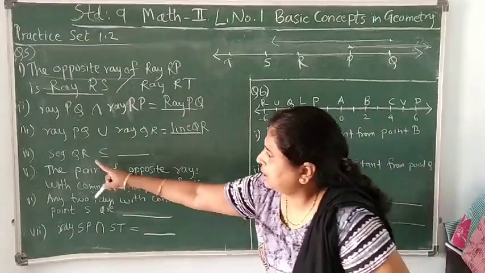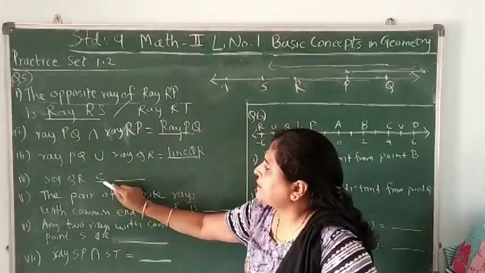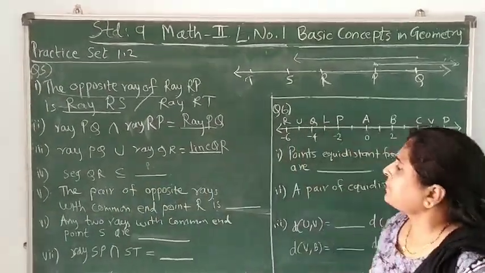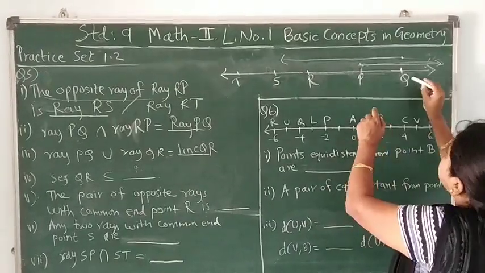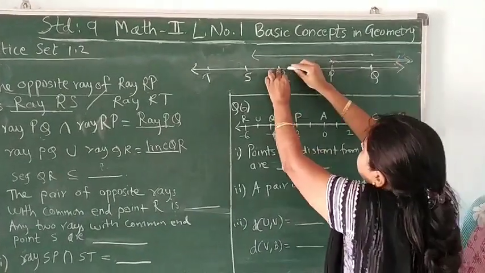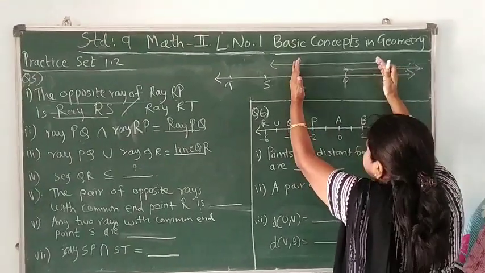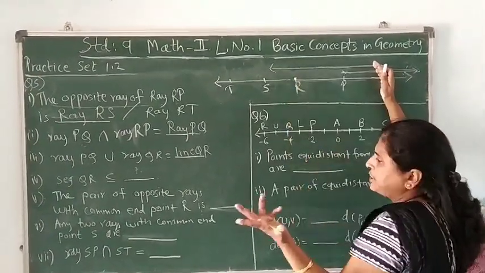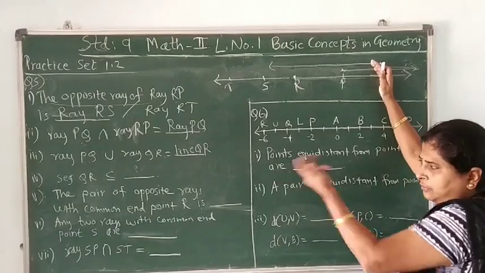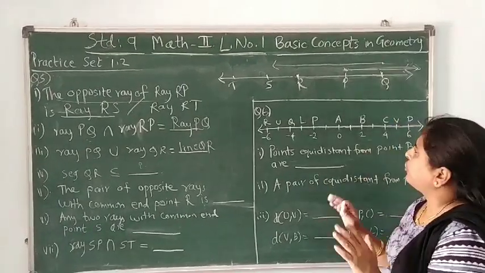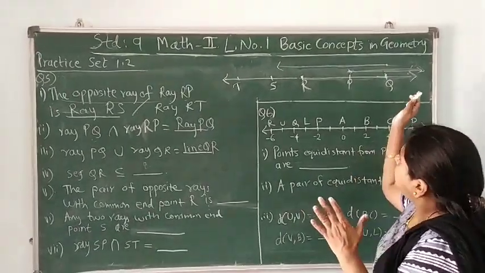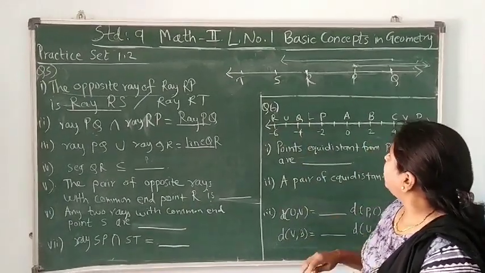Now what is question 4? Segment QR is a subset of what? Where is segment QR? This is Q and this is R. So this segment from Q to R is our segment. This part is a subset of which set of points? Here there are many options we can write.